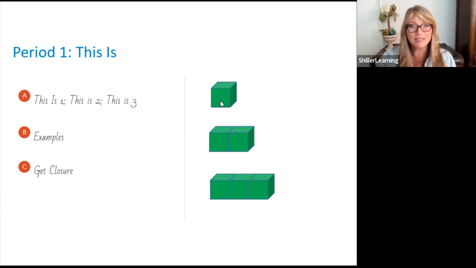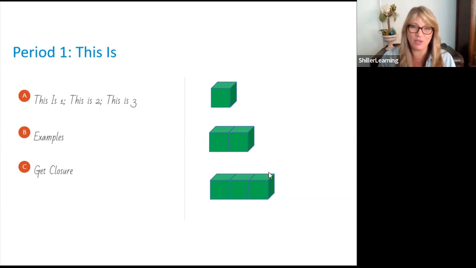And we're just telling them as we are showing them and pointing to that object. This is 1. This is 2. This is 3.